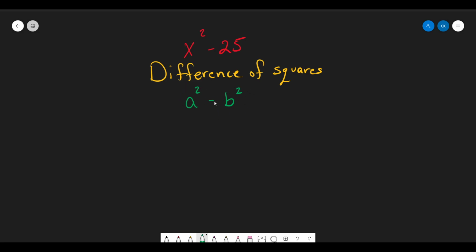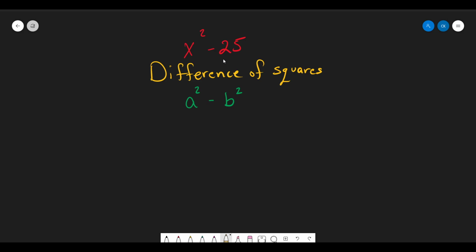What I mean by perfect squares is that if I were to take the square root of the first term or the second term, I would get a perfect whole number. Like the example up here, x squared minus 25, x squared is a perfect square because if I take the square root of x squared, it's just x. Same with 25. If I take the square root of 25, it's just 5.